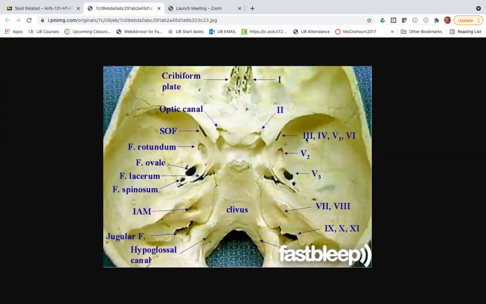O-O-O, to touch and feel. So 4 is trochlear. 5 is trigeminal, to touch and. 6 is abducens, to touch and feel. 7, facial.